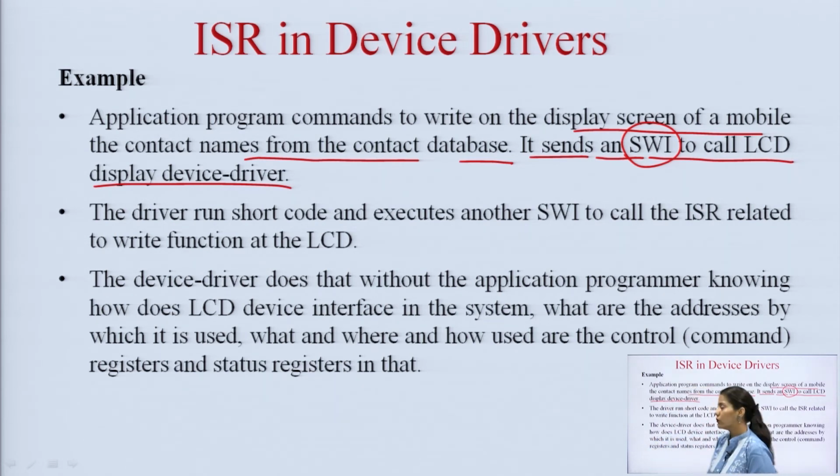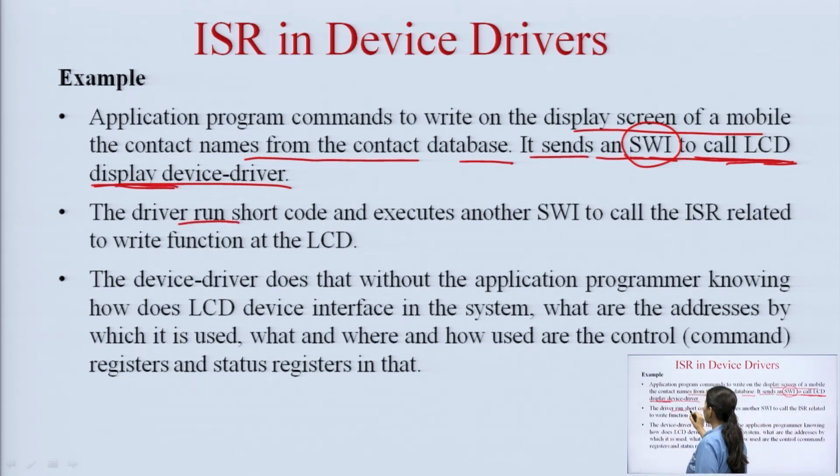So, a software interrupt executes a certain program to call the LCD display driver. We initially started an application to display the contact list of all the contacts in our mobile phone, but in turn it triggered another program, that of the LCD display device driver.